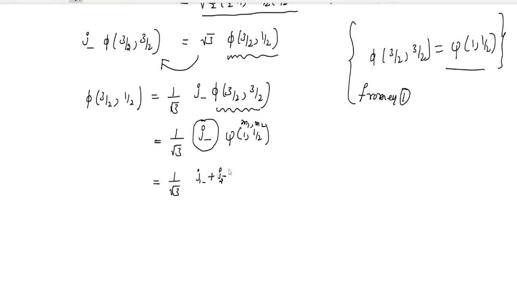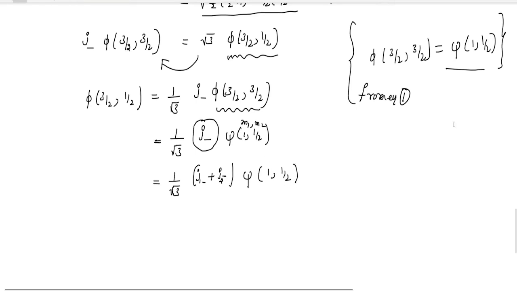Here minus is the lowering operator. Wave function psi, because of M1 and M2 only, here I am splitting the total J into J1 plus J2. You need to split this thing first. And 1 comma 1 divided by 2.